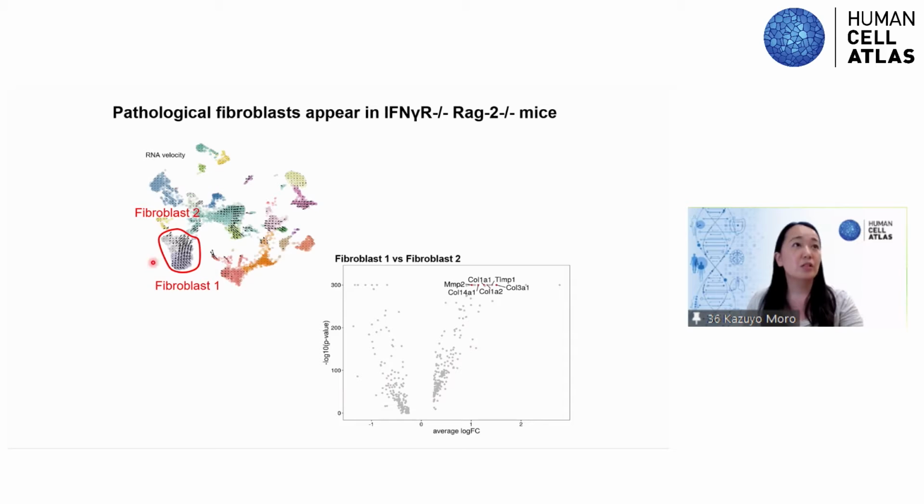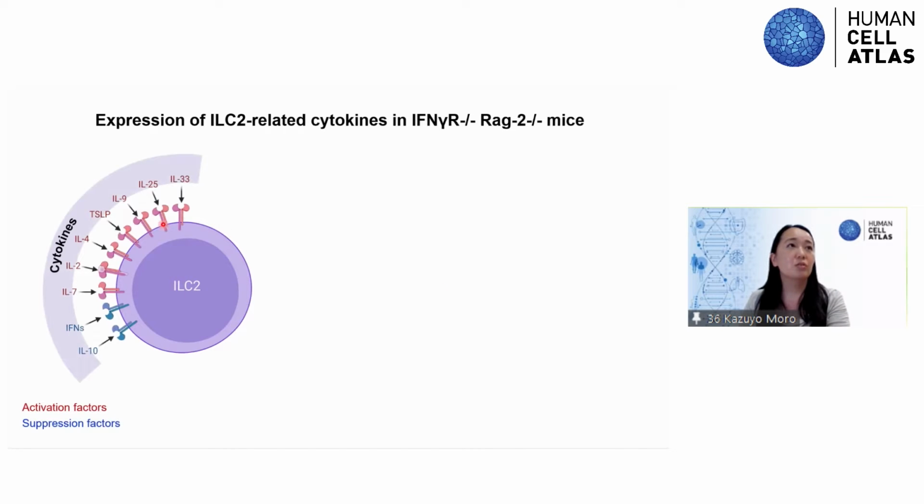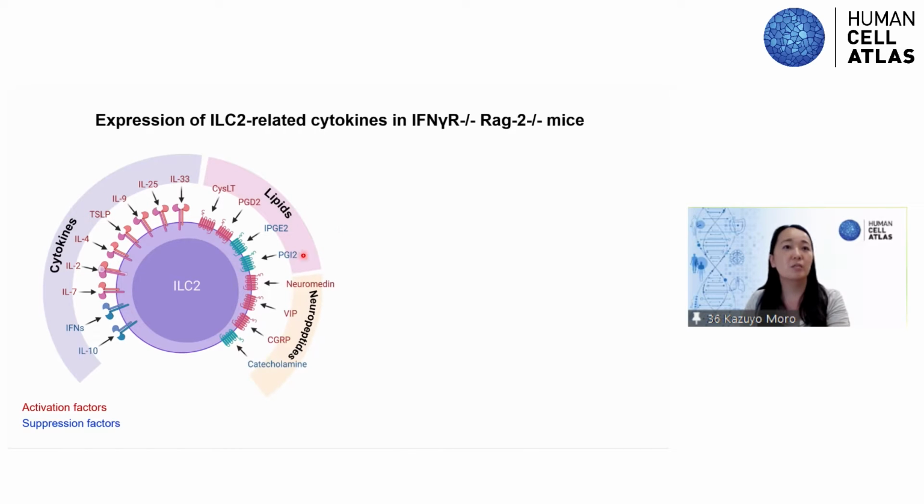Fibroblasts were separated into two clusters, fibroblast 1 and 2, and we found that fibroblast 2, shown in gray, expresses many genes related to idiopathic pulmonary fibrosis, IPF. ILC2 is known to be stimulated by many different environmental factors, not only cytokines but also lipids, neuropeptides, and hormones.